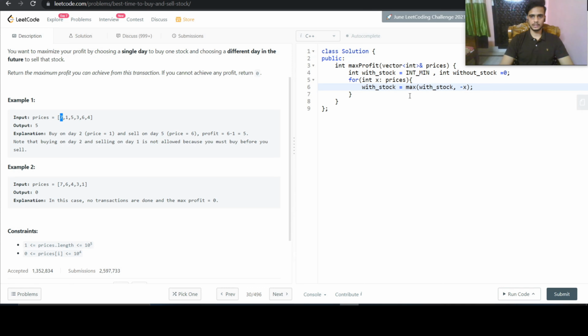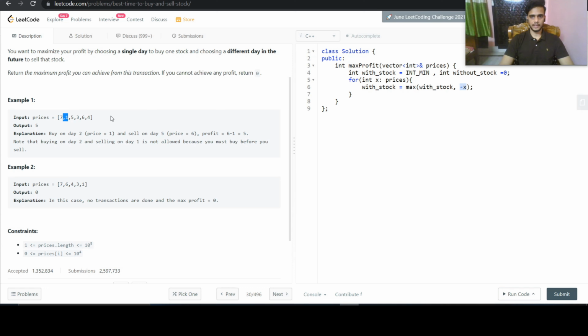So it will become minus x, since if we buy on this particular day, then our balance will become minus 7. So with the stock, our balance will become minus 7. Or if we buy on day 2, then our balance with this stock will become minus 1.